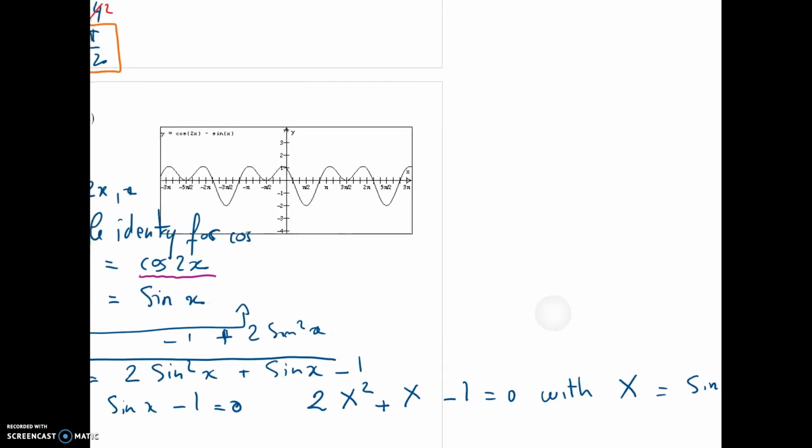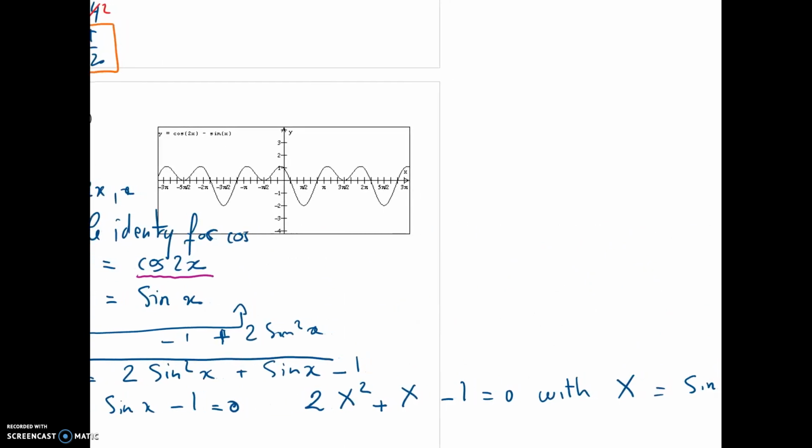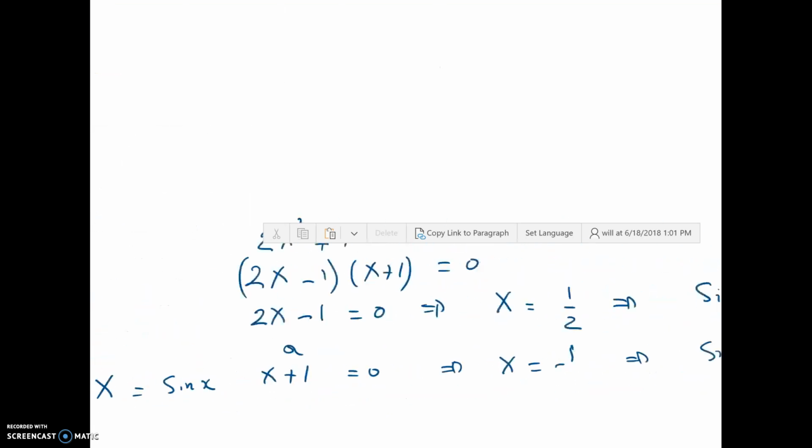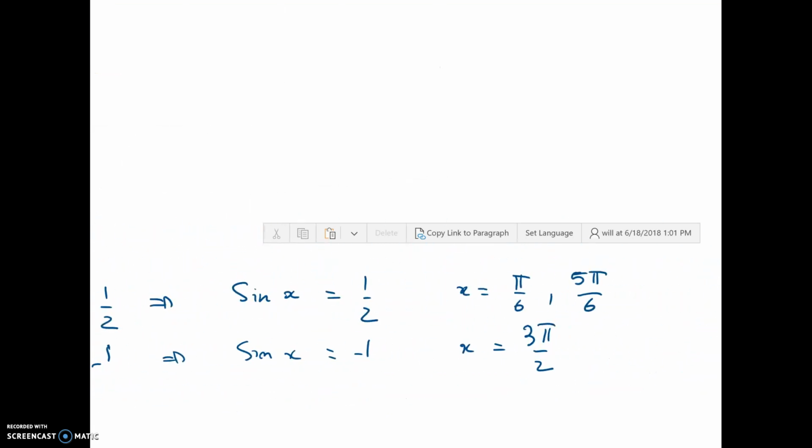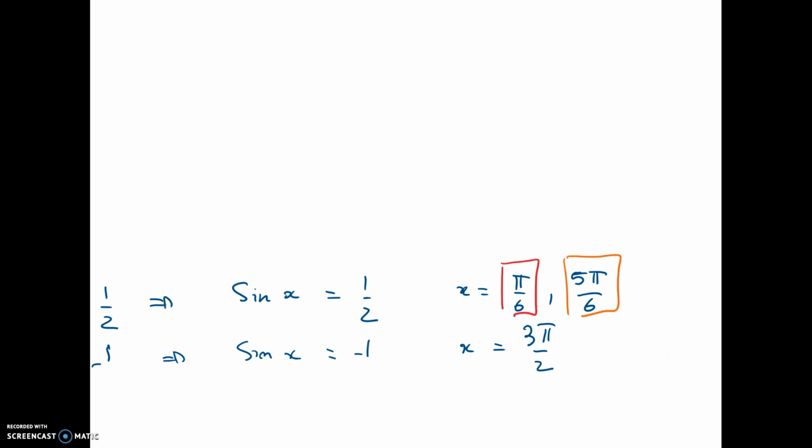And if you look at it graphically, what do we have? We have pi over 6. Pi over 6 will be in red, 5 pi over 6 will be in orange, and the last one will be in green.